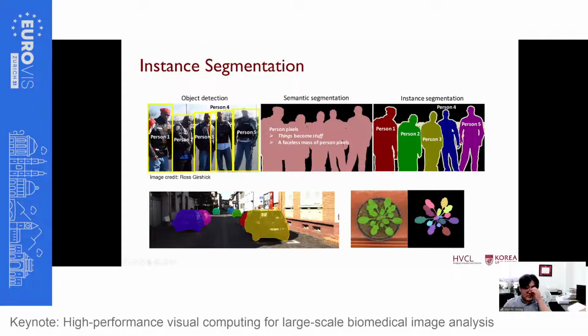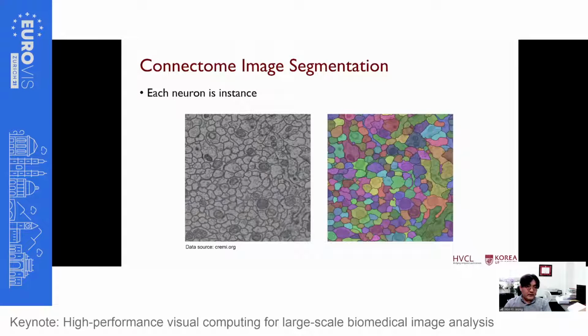We propose an instance segmentation algorithm here because in connectomics research instance segmentation is also important. We generated this image from the CREMI data set. As you can see here, each different color is a different instance, or a different neuron. We have to separate these different neurons with different IDs or indices.